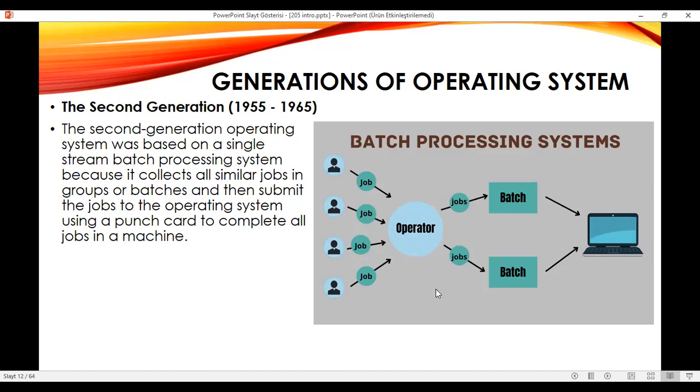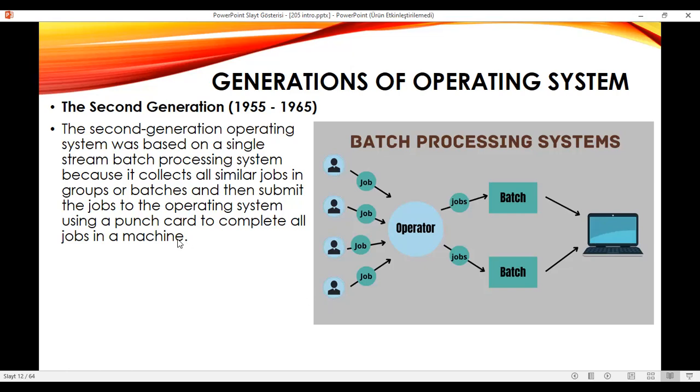So the operator will separate the subtractions to one side and the additions to one side, and then give them to the computer one by one. So the operating system will only do addition or only do subtraction.